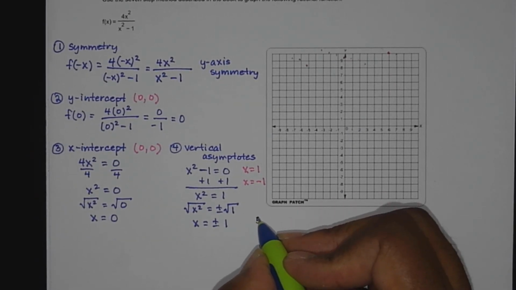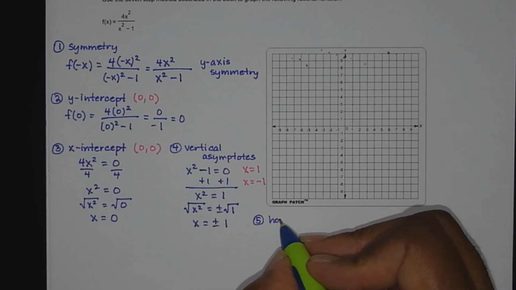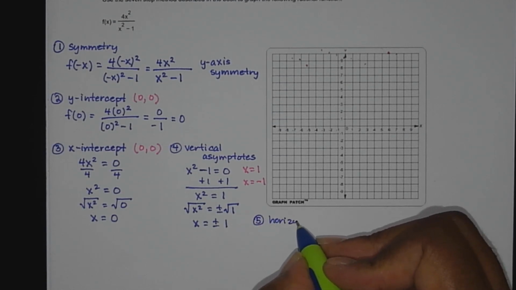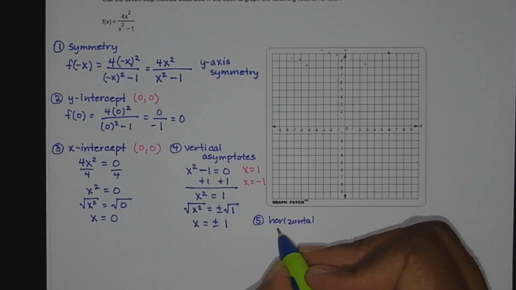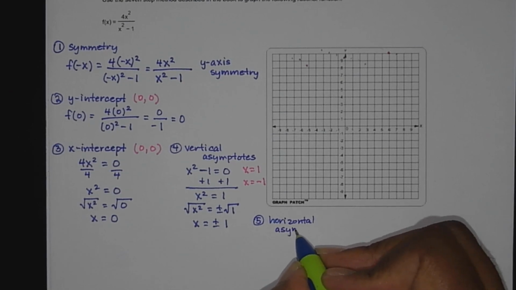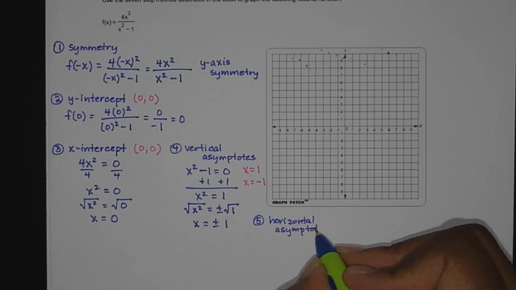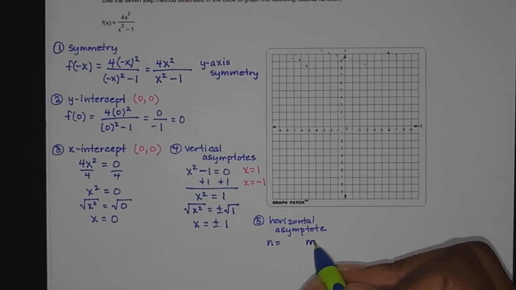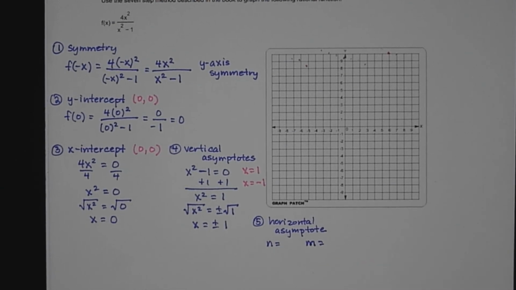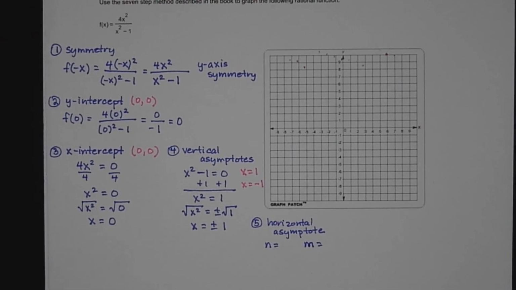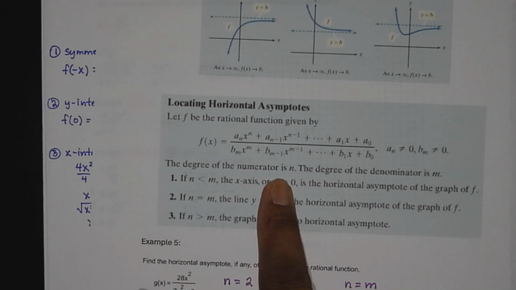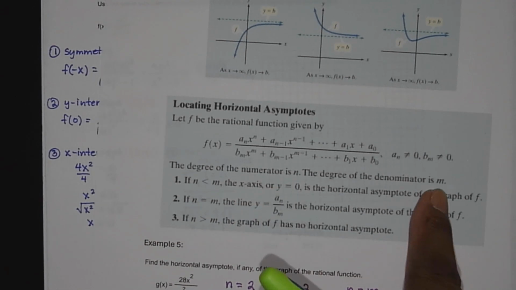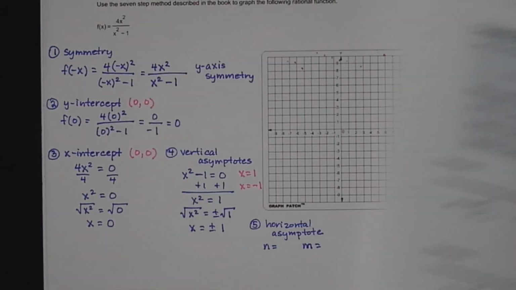Now, step number 5 is finding the horizontal asymptote. That's why I use that procedure of identifying the n and the m. In this case, your n is going to be the highest exponent in the numerator. Your m is the highest exponent in the denominator.